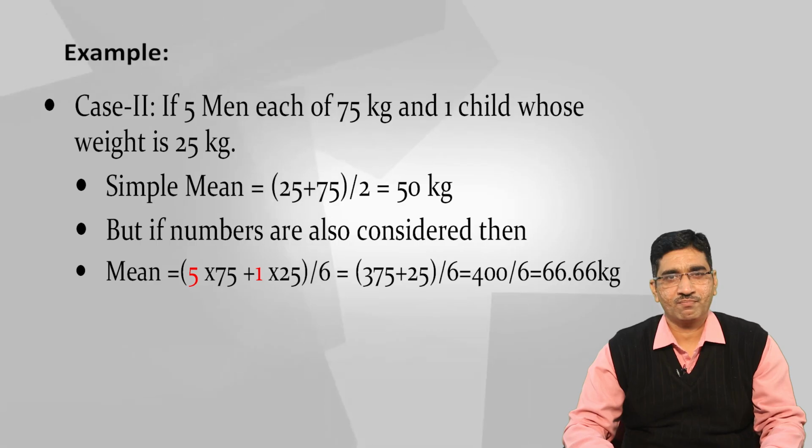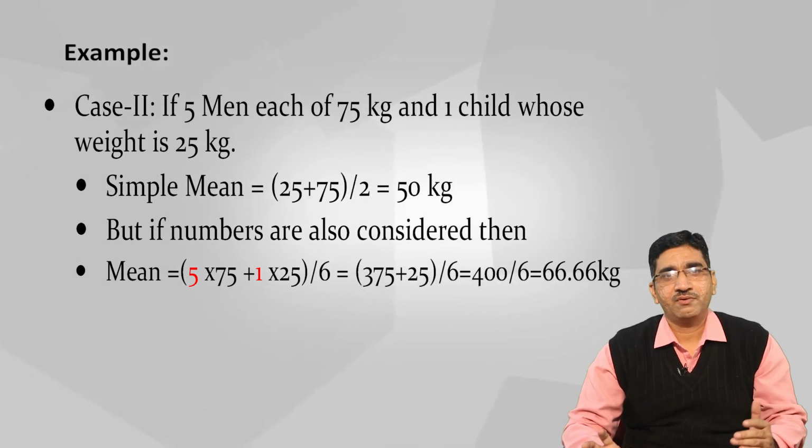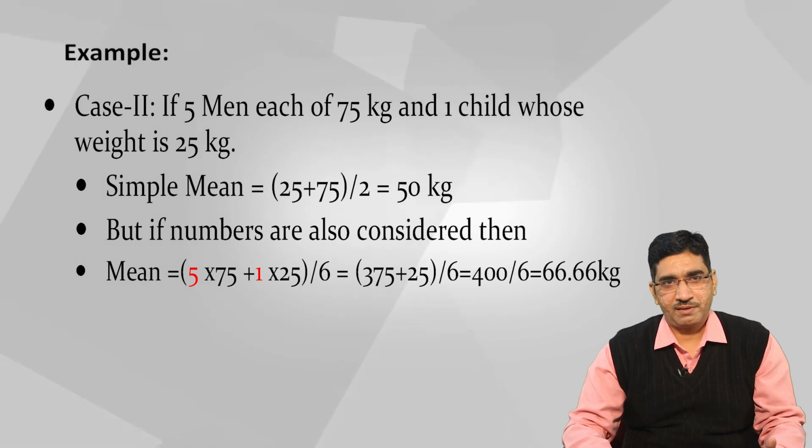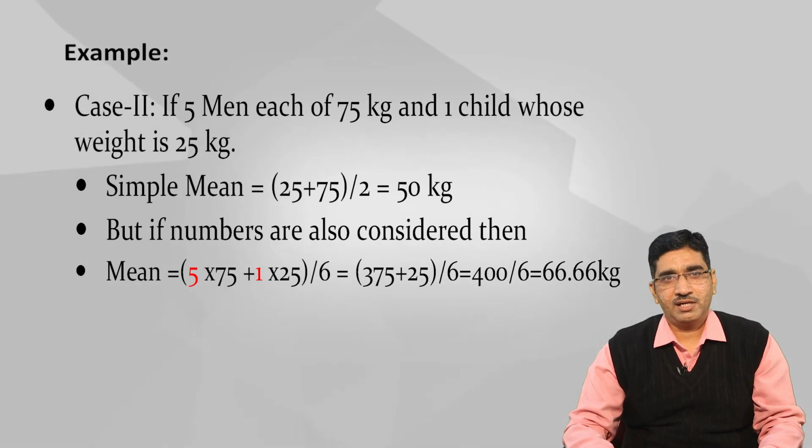The total weight is 400 kg, divided by 6, the number of men plus one child. So the average weight comes to 66.66 kg. Here the average weight is inclined towards 75 more than the weight of the child, that is 25. So the numbers are playing the main role in average weight.